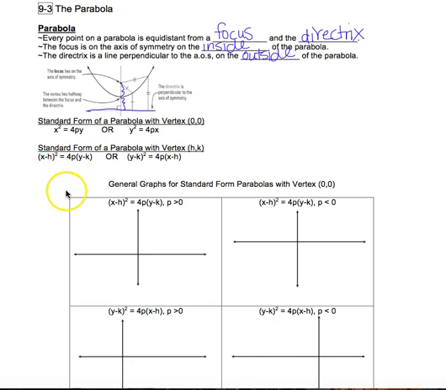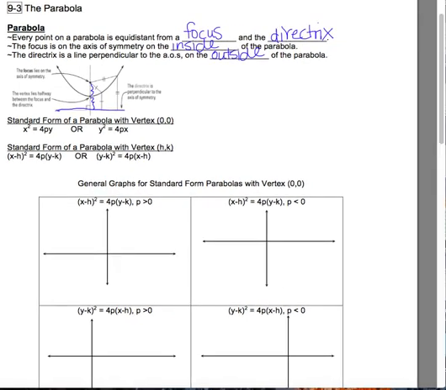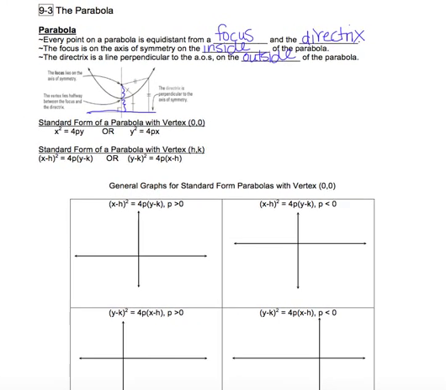All right, so let's look at our standard form equations. I wrote this out twice just because it looks a little bit different when we have the center at 0, 0 than if it is somewhere else. So if its vertex is at 0, 0, then you're just going to see either a plain x squared or a plain y squared and a plain y and a plain x.